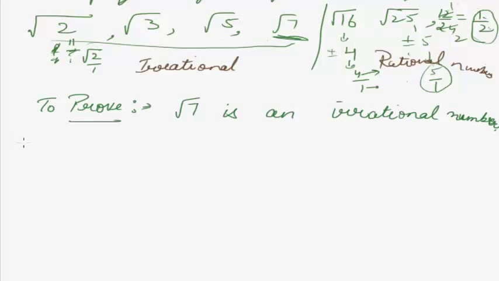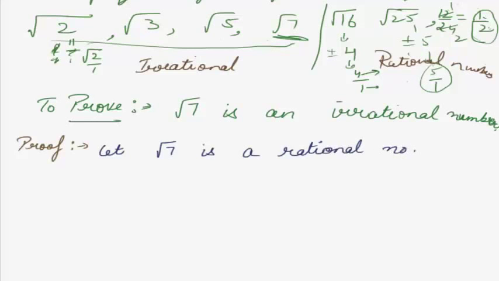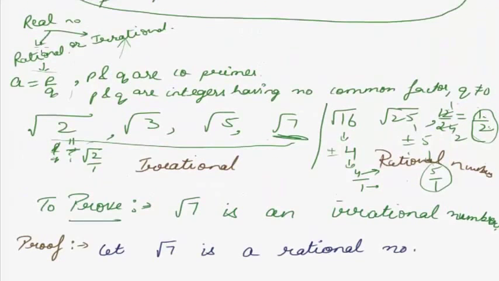Friends, to prove this statement, let us start with the opposite of this statement. That is, let root 7 be a rational. Now since it is rational, it can be expressed in this form.